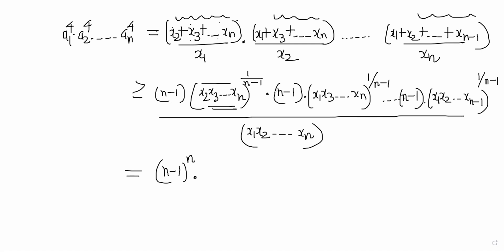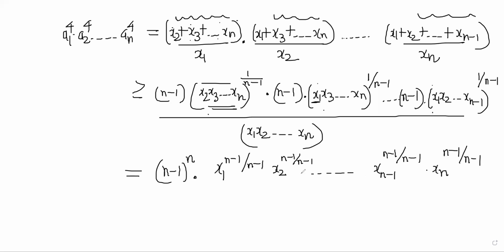So out of the n parentheses, you have n minus 1 brackets in which x1 is present. So the power of x1 will be x1 power n minus 1 by n minus 1, right? Similarly, x2 power n minus 1 by n minus 1 and so on. You will get xn minus 1 power n minus 1 by n minus 1, right? And you also get an xn because xn was present in all the other terms except the last term.